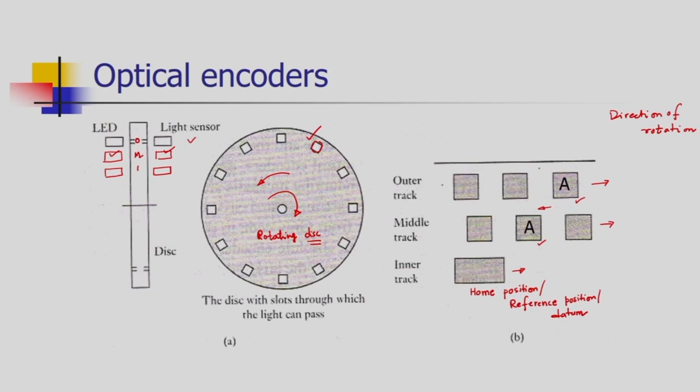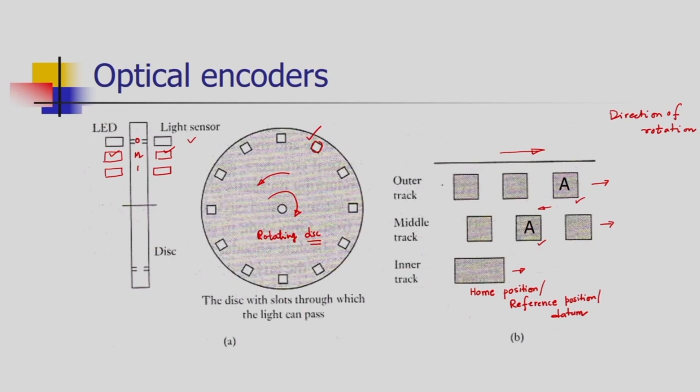So, what happens when the disc is moving, say from left to right? If I consider left to right in this case as clockwise rotation, then when the disc is rotating in clockwise direction, the light passing through the A hole of the outer track will generate a pulse of volt at the light sensor first, and the corresponding hole in the middle track will generate a pulse of current or volt due to reception of light after some time.